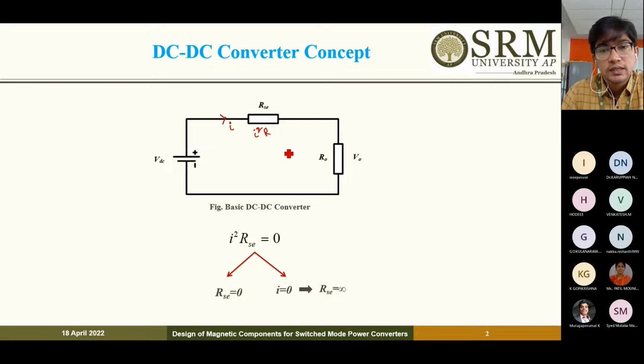When the switch is open, ideally the current will be 0. Practically, there is some RDS on, and similarly a small leakage current will flow. Ideally, these are the conditions we can obtain by replacing this resistor with power semiconductor devices.